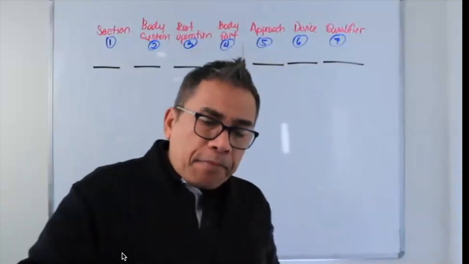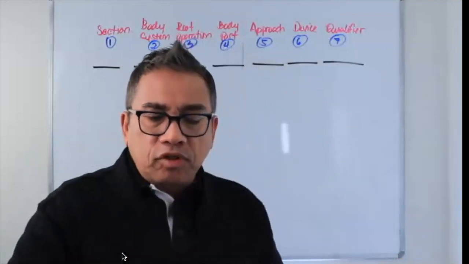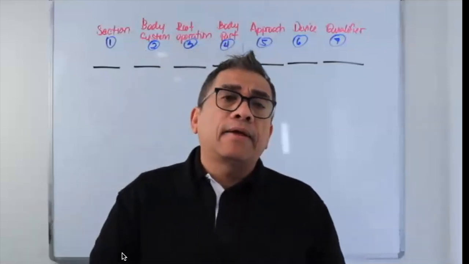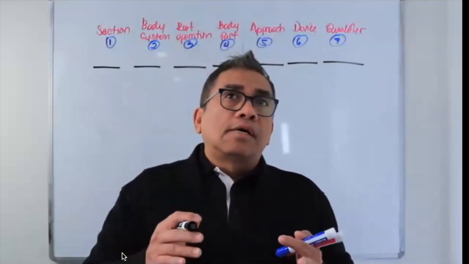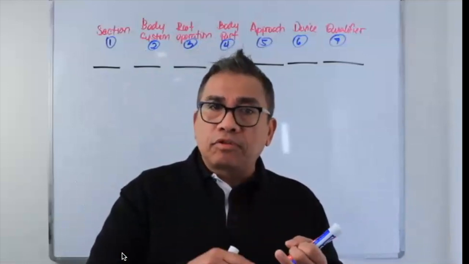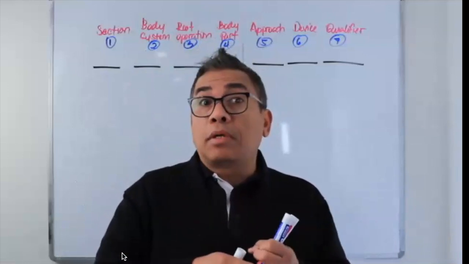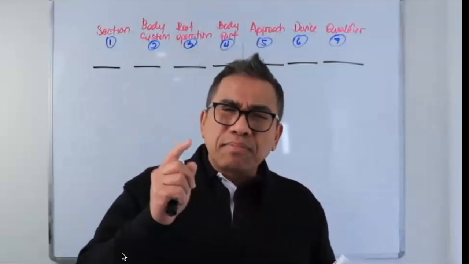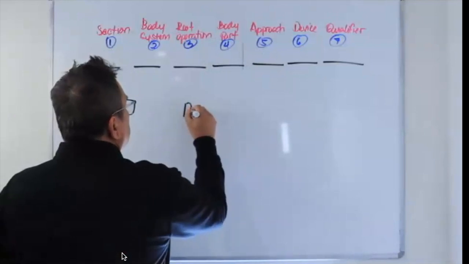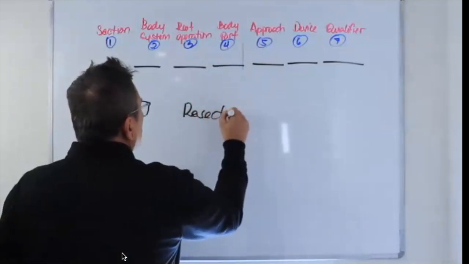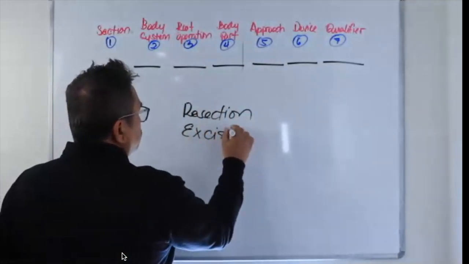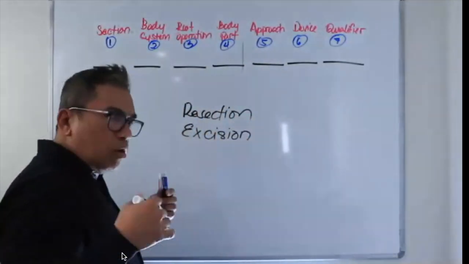Now, there are different root operations that are very common that hospitals perform. Last night we did a couple of examples of those common root operations. Number one that is very common is resection. You need to understand what resection is and the difference between resection and excision. These are most common. What else?